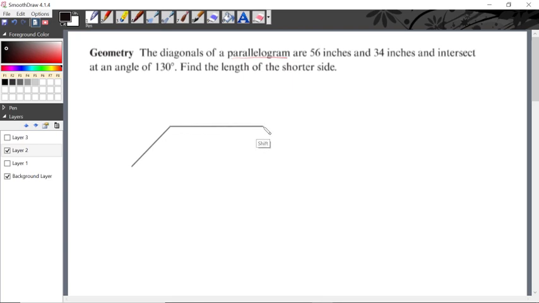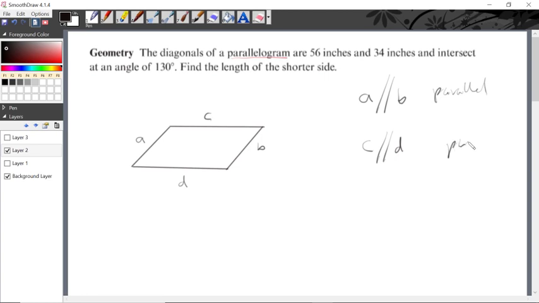A parallelogram is a four-sided figure which has two sets of parallel sides. So here's, in general, a parallelogram. Let me label some of these sides. I'll call this side A, this can be side B, this can be side C, and this can be side D. What makes it a parallelogram is that side A is parallel to side B, so that symbol means parallel to, and C is parallel to D. Parallel, parallel.